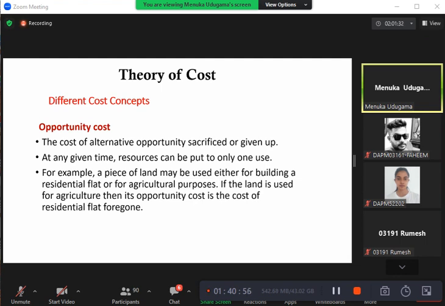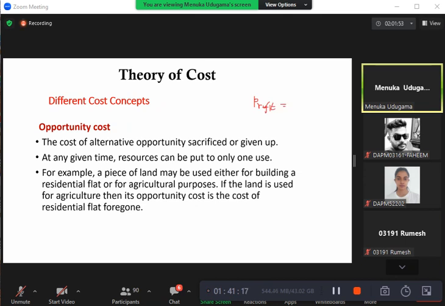And now we will move into the cost theory. So we know that the ultimate objective of a firm is to maximize profit, and how do you do that? By maximizing profit. Profit is what?